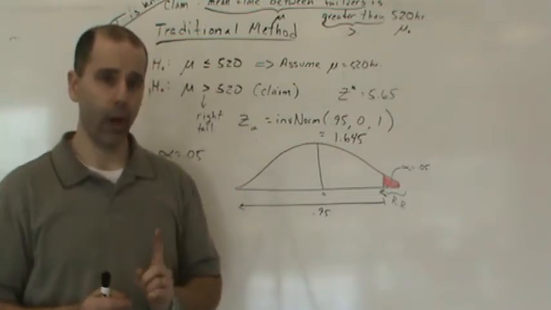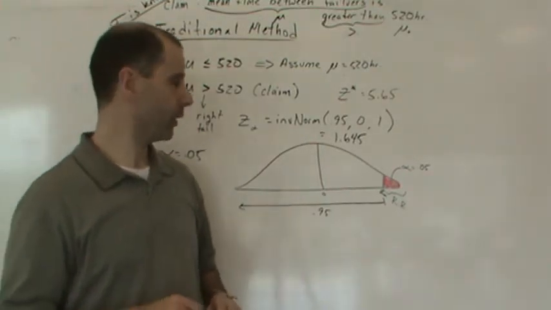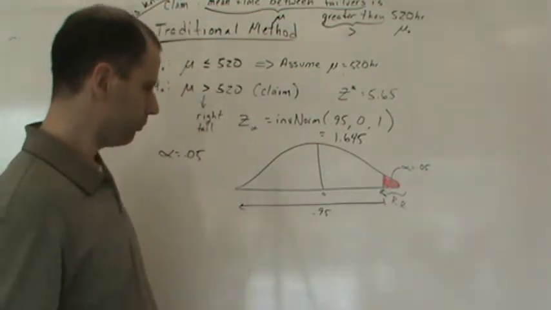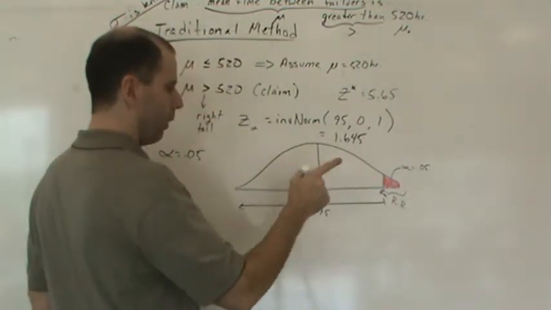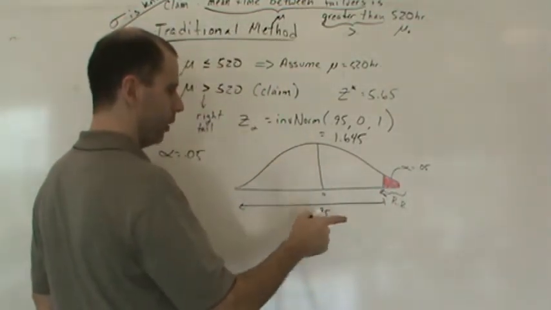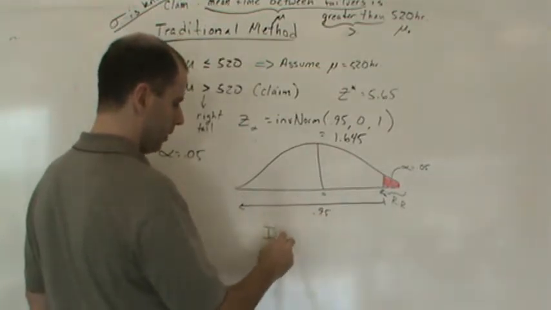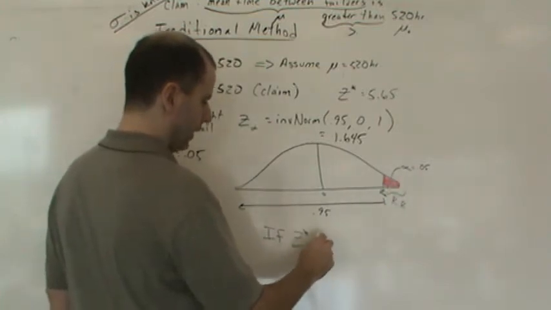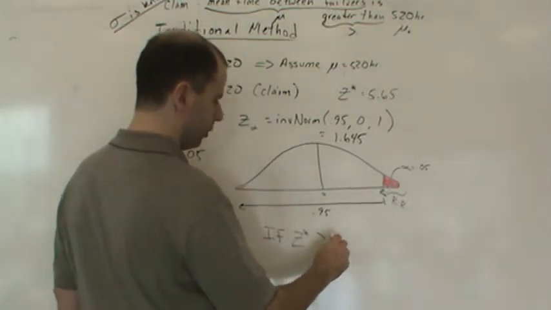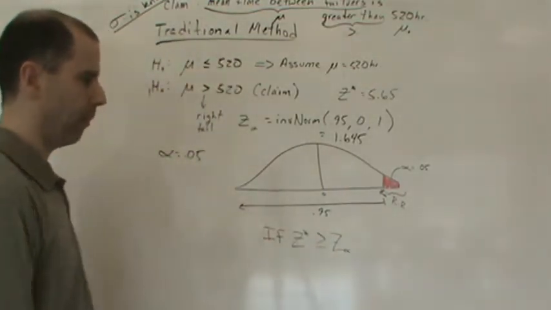Now, what that looks like for each test is a little different for the traditional method. Because in this case, when will our test statistic fall within the rejection region? Well, if our z star is greater than or equal to z alpha.